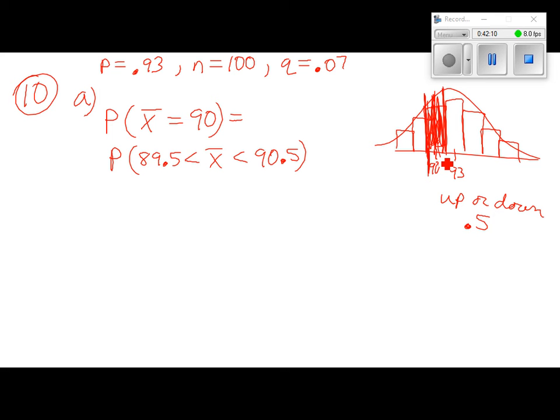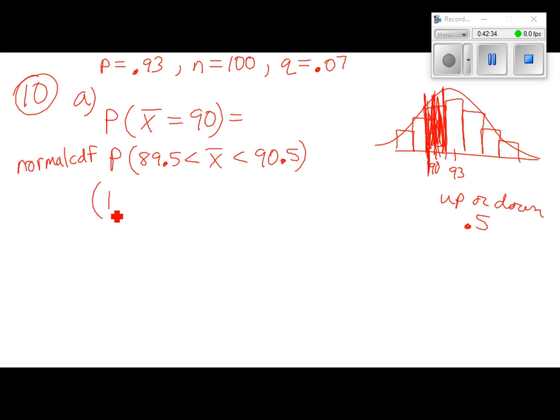And when we change it that way, we can now use the normal CDF instead of having to do all the other stuff. What things do we need to punch in for the normal CDF?